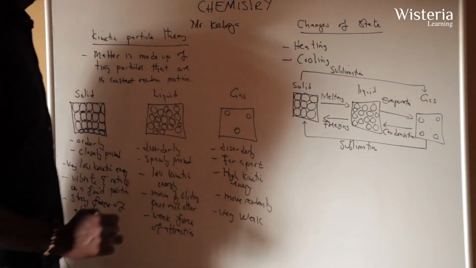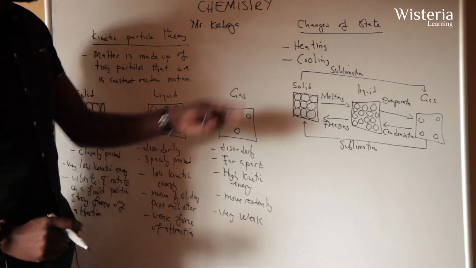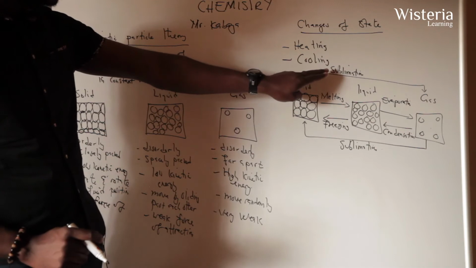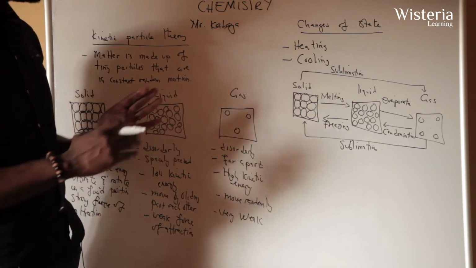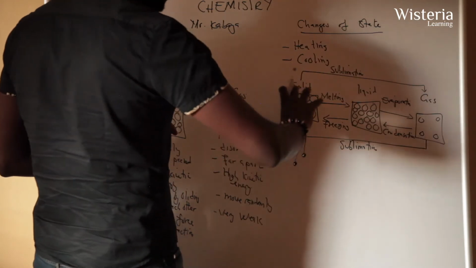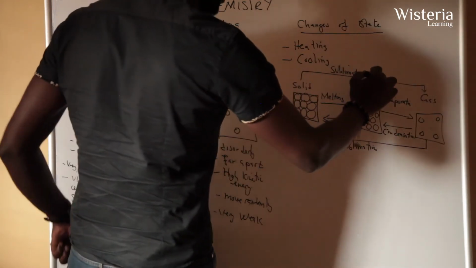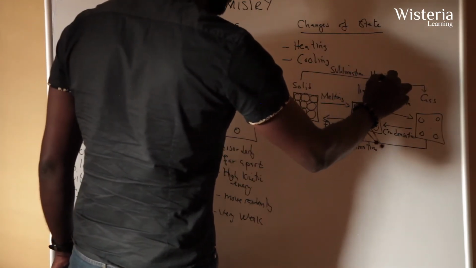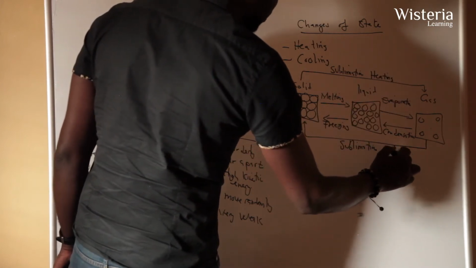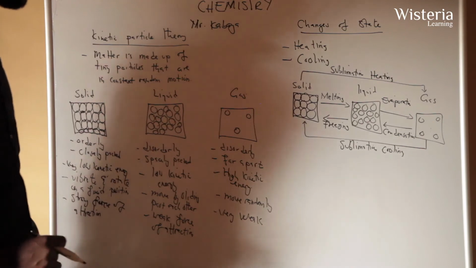Because these changes occur either because of heating or cooling, we can differentiate sublimation on heating or on cooling. When you are changing from a solid to a gas, it is called sublimation on heating because we are applying heat. In this one, we are removing heat, that's how we are cooling. Okay.